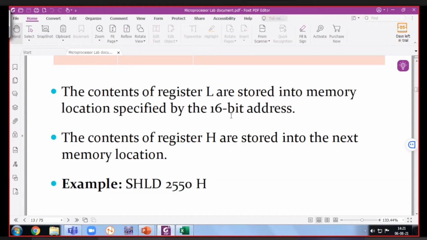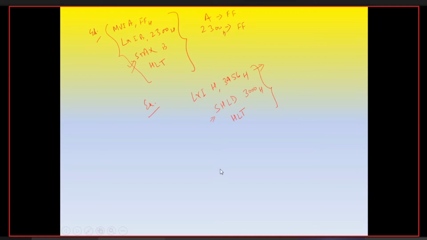रजिस्टर L का कंटेंट क्या है इन इंस्ट्रक्शन में? Sir, 00. नहीं, 00 नहीं है. कैसे 0? 56 है ना? 56. हाँ. See here, this LXI H 3456 means H having 34, L having 56. So according to this instruction SHLD 3000, 3000 will store the content of L, which is 56.